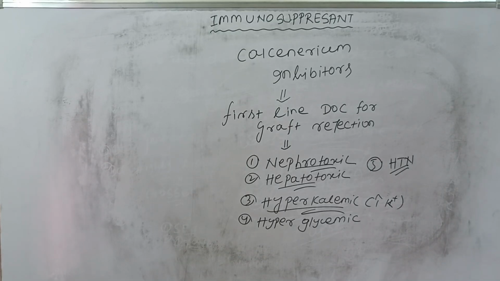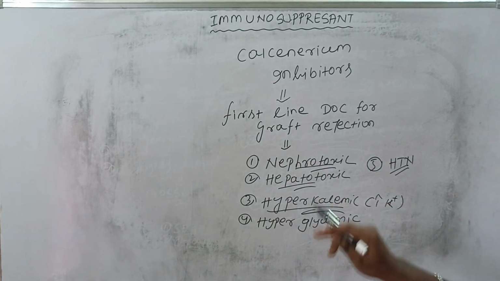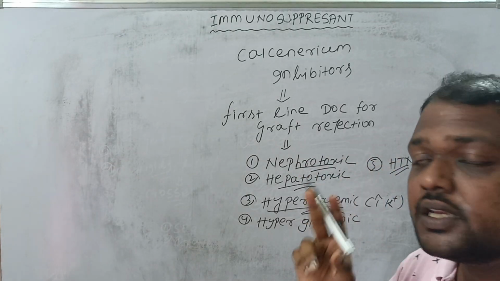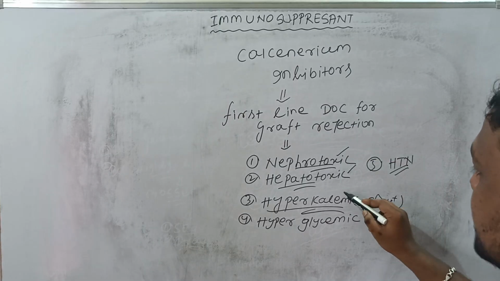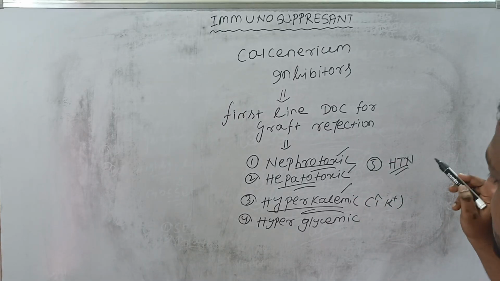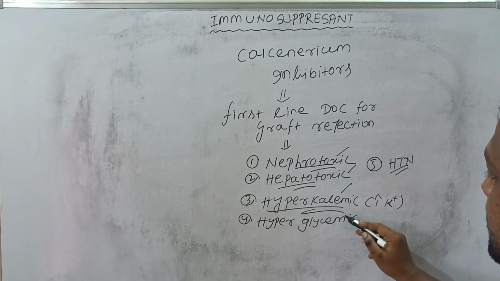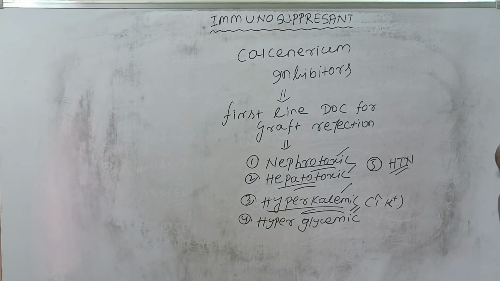So the overall side effects of calcineurin inhibitors are nephrotoxic, hepatotoxic, hyperkalemic meaning increased potassium, hyperglycemic meaning increased blood sugar level, and STN.